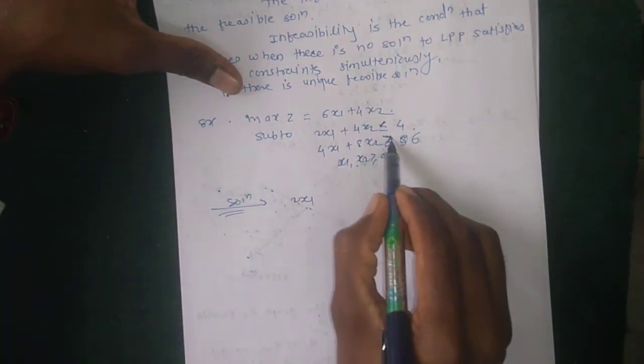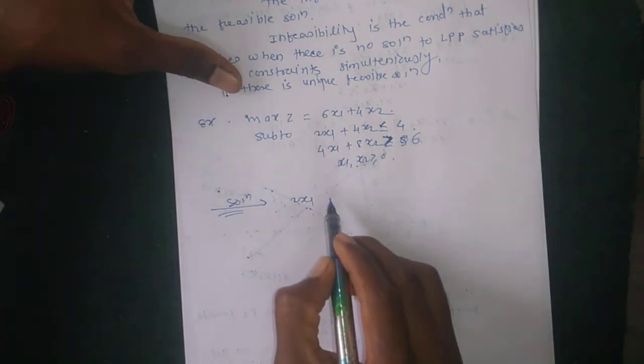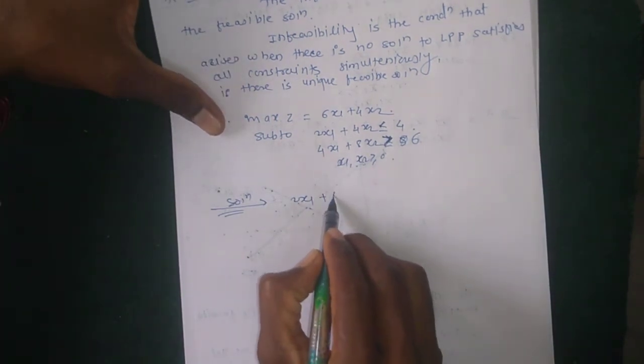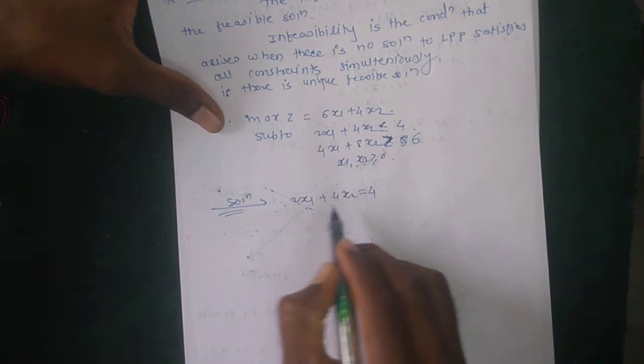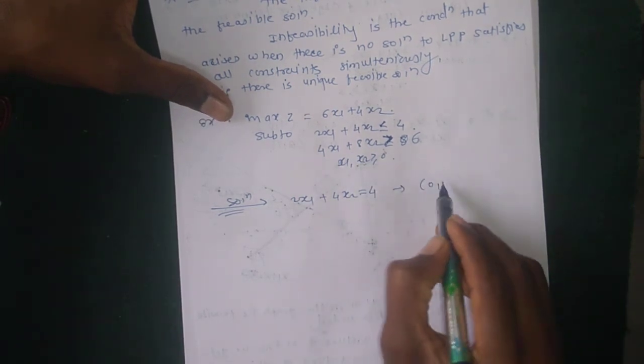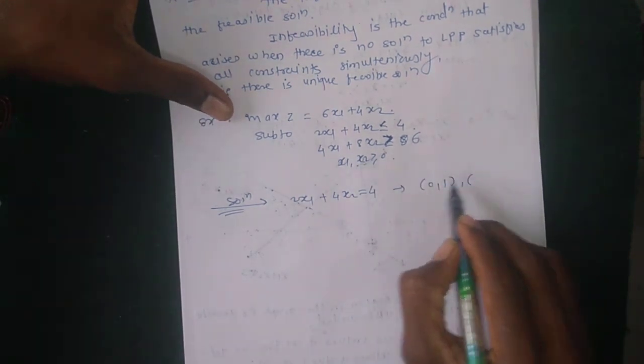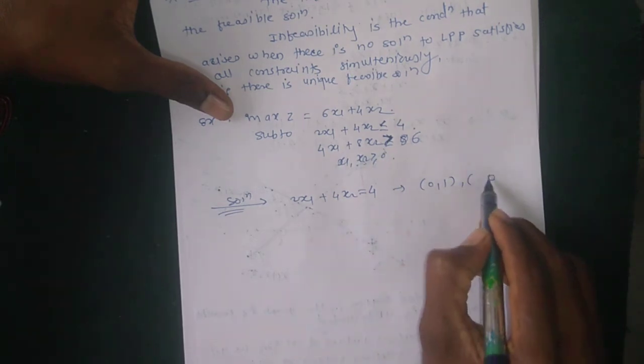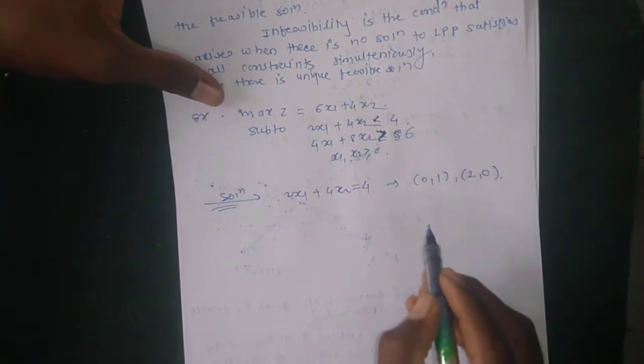For the constraint 2x1 plus 4x2 equal to 4, the points are 0, 1 and 2, 0.